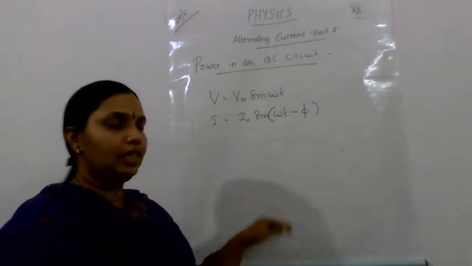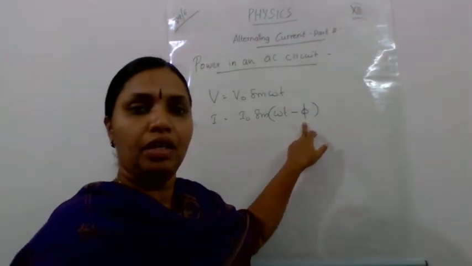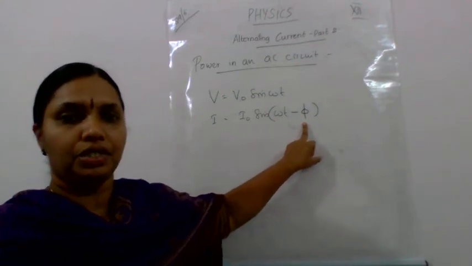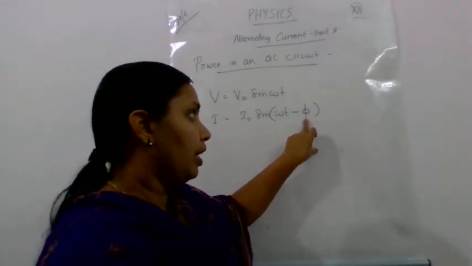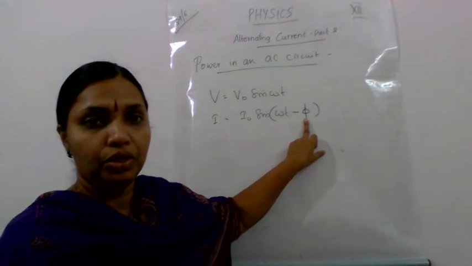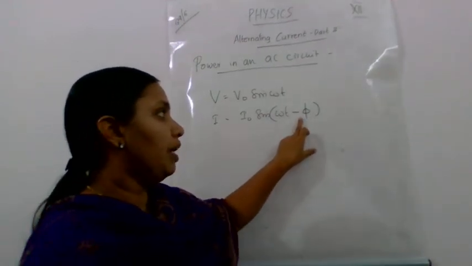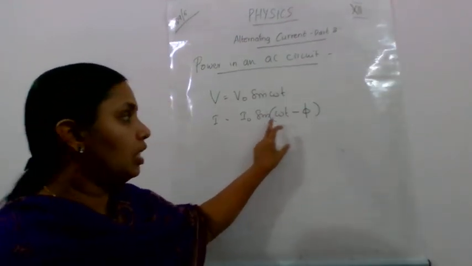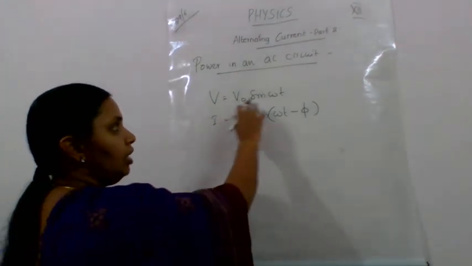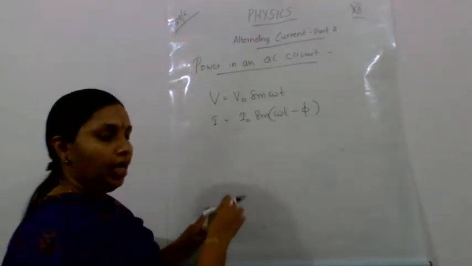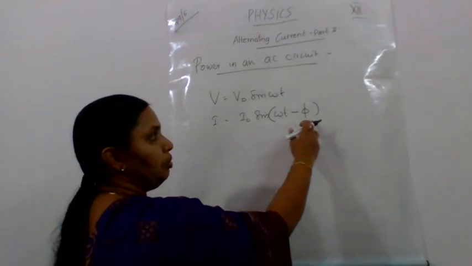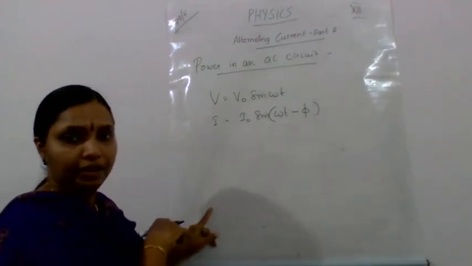You can take minus phi or plus phi; phi represents the phase difference. It may be 0 or 90 or any other value. As the circuit changes, the phi value also changes. So the general expression we are writing is V equal to V0 sin omega t and current I equal to I0 sin(omega t minus phi).